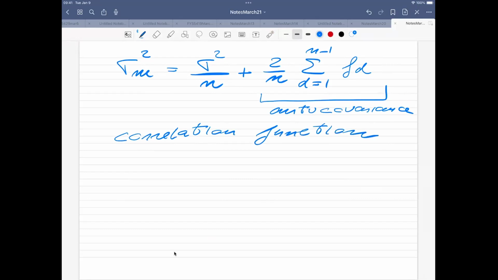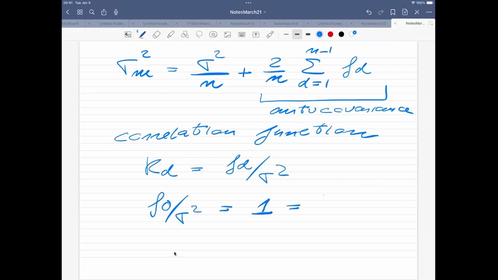And we could define then a function which I'm going to call k of d, which is f of d divided by sigma squared. So if I do that, you see now that this function, if I take d equal 0, that is simply equal to 1. And that will be this function k of 0.